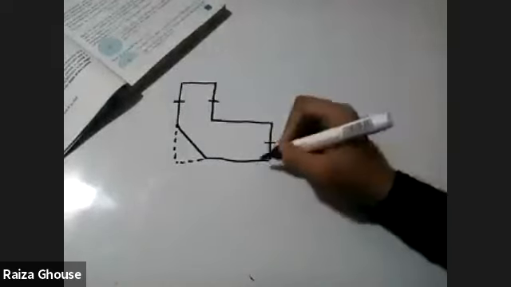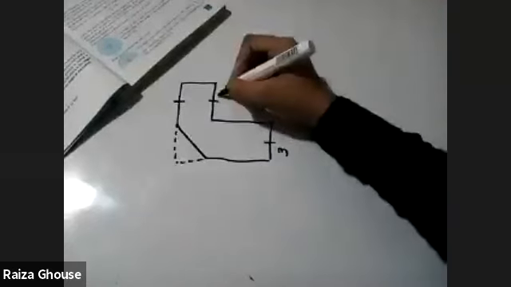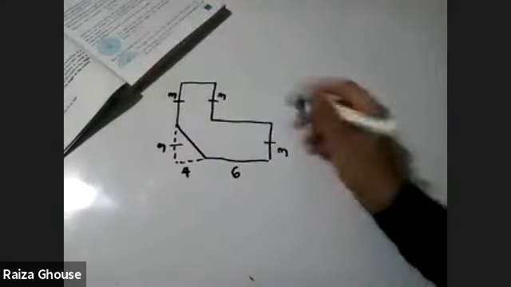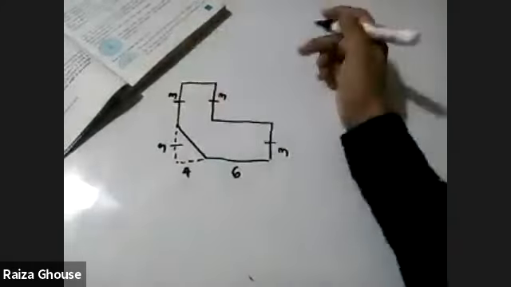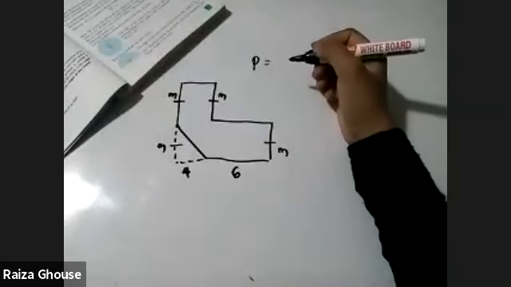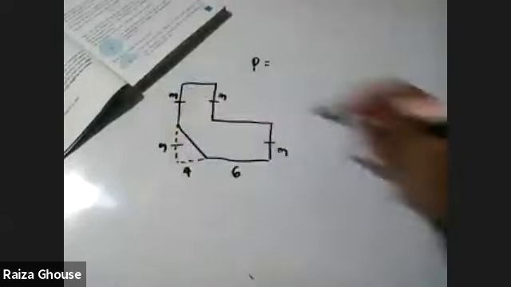This sign means all sides are equal. This is 3, this is 3, this is 3, this is also 3, but this is 4 and this is 6. This one is not given, this one is not given. Perimeter. Okay, let's see what to do. Right, we need to find this length. This whole thing is 6 plus 4, children.